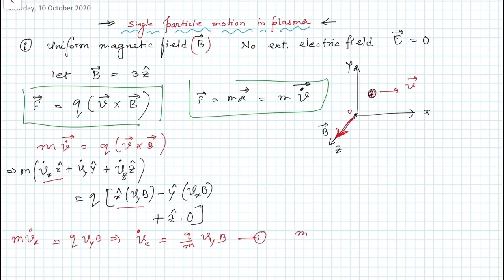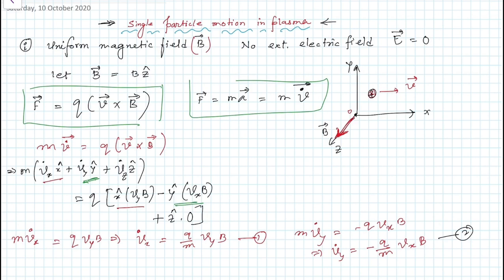And the y component, if you compare the y components, m vy dot is equal to minus q vx B, which implies vy dot is equal to minus q by m vx B. This is equation number 2.